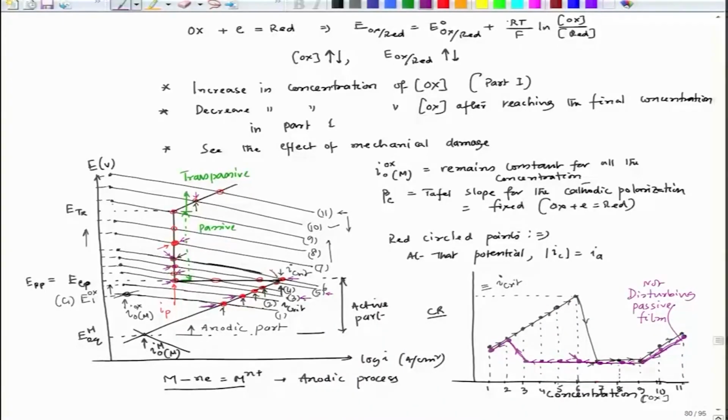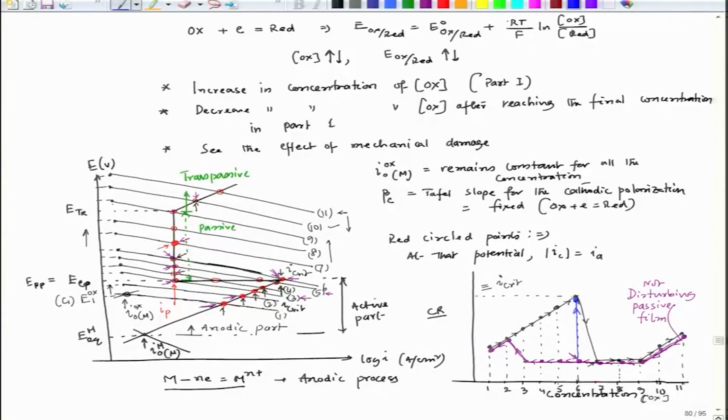Once the surface is scratched, I am breaking open the passive film. So once we break open the passive film, the system would try to achieve the corrosion rate at this location. Fine. So instead of remaining here at C6, the point would reach this point. So the movement would be this.